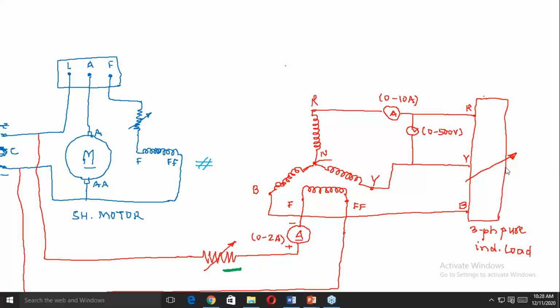Tejas, Karthik, Rohit, what happens with the speed? Aditi, what happens? Shraddha Pawar, if we increase the load on generator, what happens with the speed and the frequency?